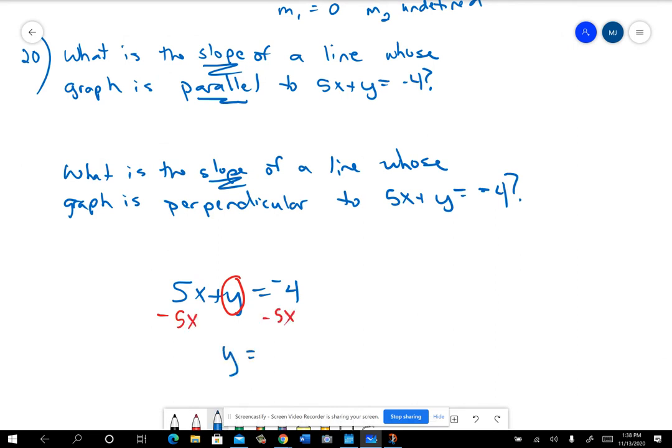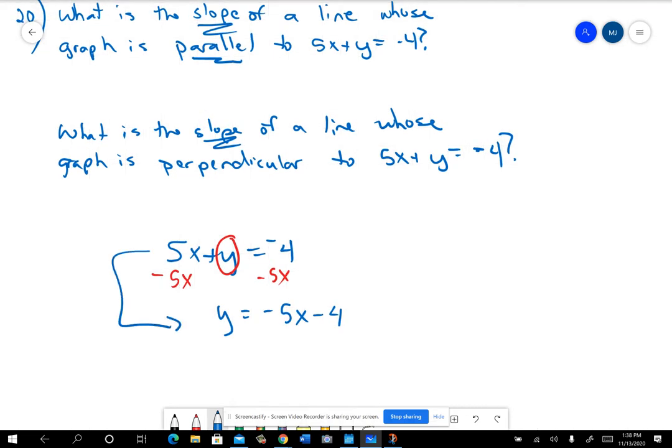Then we'll get y equals -5x minus 4. Okay, so these two equations are equivalent. It's just the first one is in standard form. The second one is in the form that allows us to find the slope easily, called slope-intercept form. So I look at that, and I can see right there is my slope.